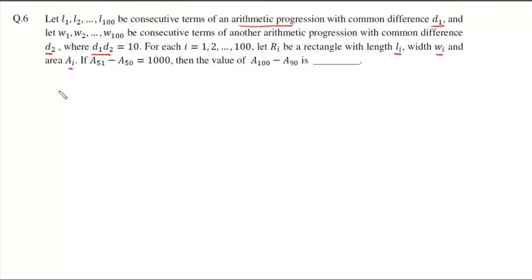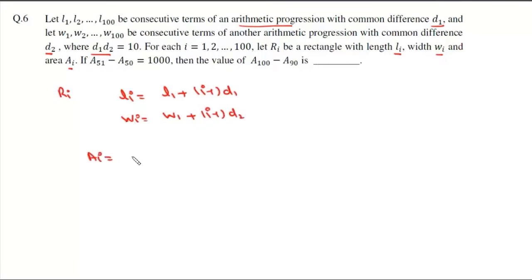Now for this Ri, if we consider Li will be L1 plus (i minus 1) D1, and Wi will be W1 plus (i minus 1) D2. Now we multiply it, we'll get Ai.